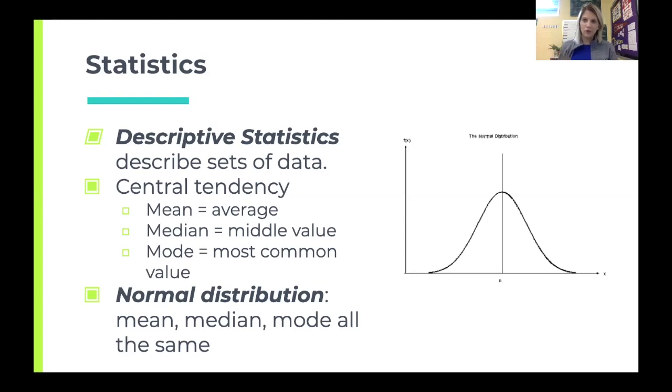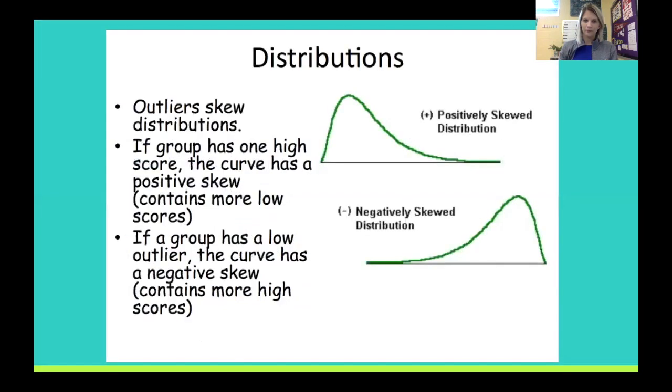On the right here, you see a bell curve that represents normal distribution. And in a normal distribution, the median, mode, and mean are all the same. So it's a perfect bell curve. But your data may be skewed. So a positively skewed distribution is one where most of the data is over here.